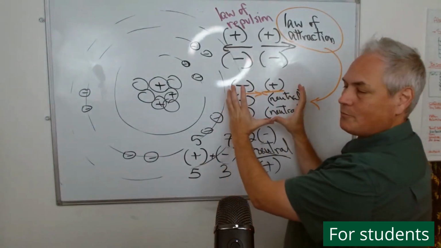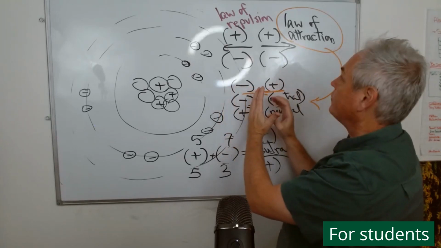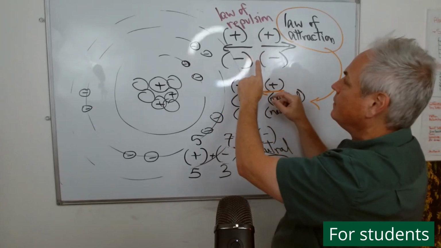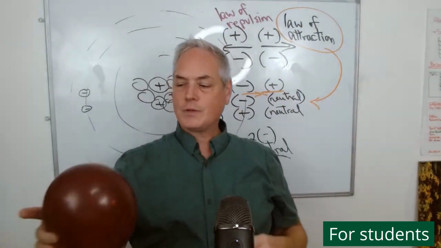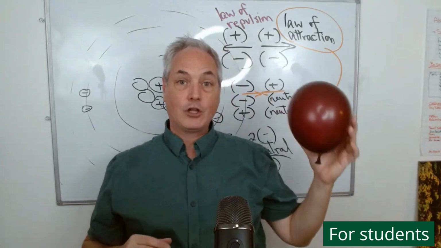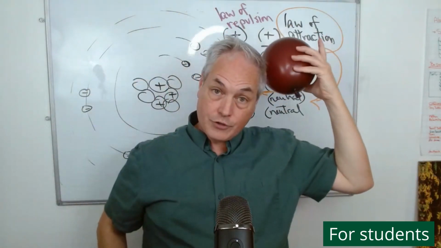So here we have objects that have different charges that get together, that are attracted to each other, and similar charges that are repelled from each other. If you have an object that is neutral and your hair that is neutral, you create some friction.